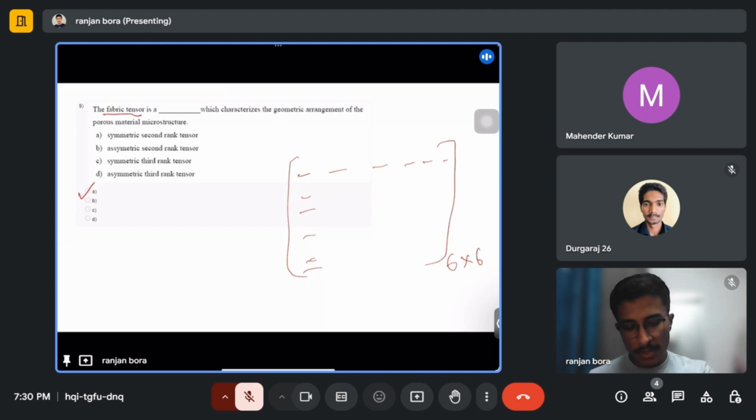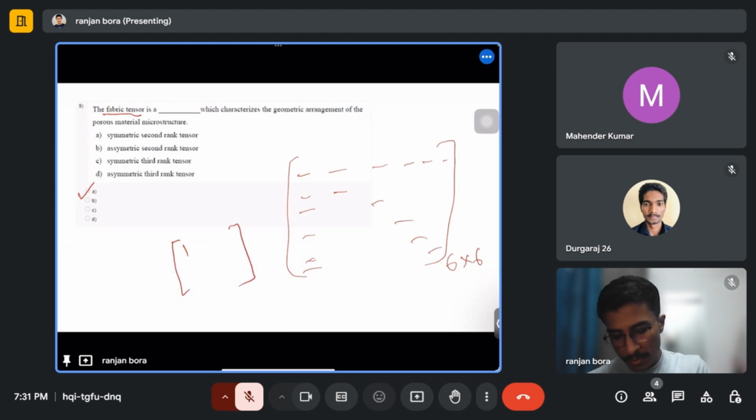So symmetric means, you know the matrix, right? What is a symmetric matrix? I will give you an example of a symmetric matrix. This is a symmetric matrix.